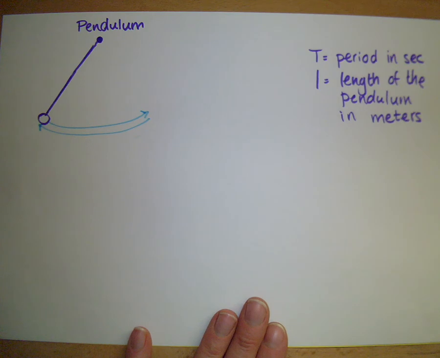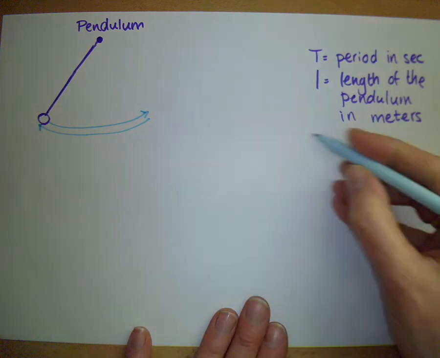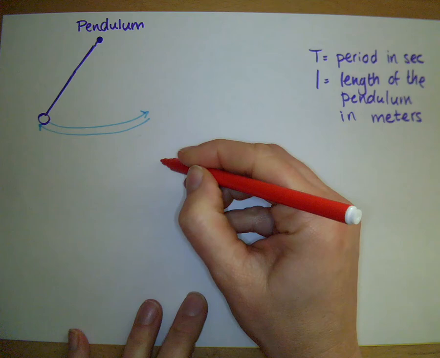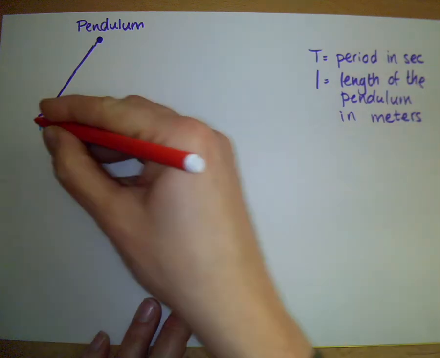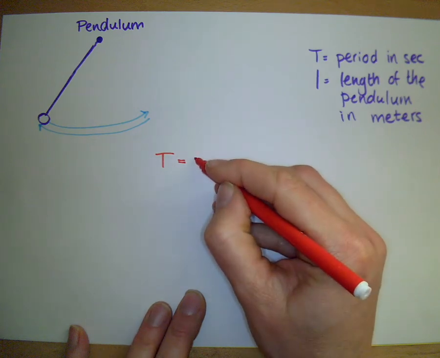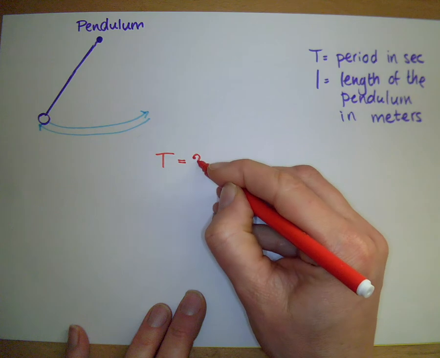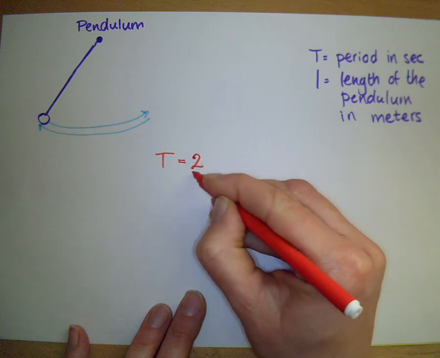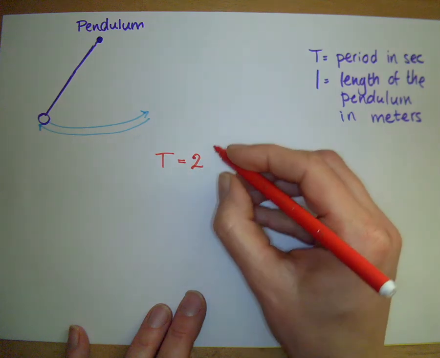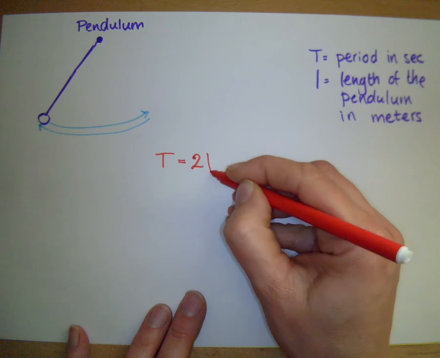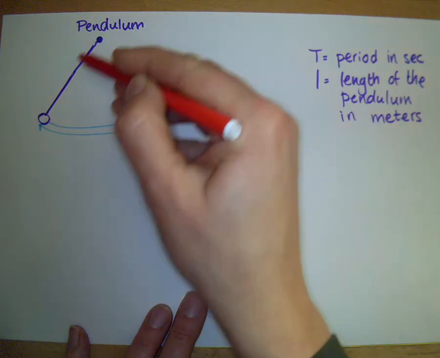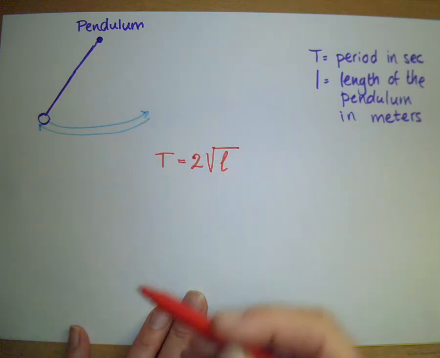There's an actual formula for that, which says T, the period it takes in seconds, how long it takes for it to swing there and back, is equal to, the constant of proportionality in this equation is around 2 times the square root of the length of the pendulum, so this piece of rope or whatever.